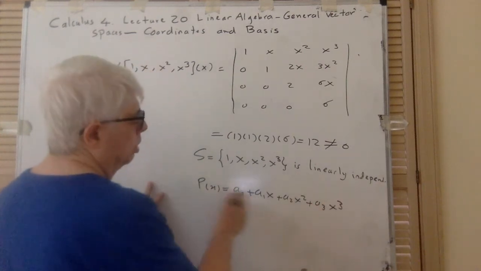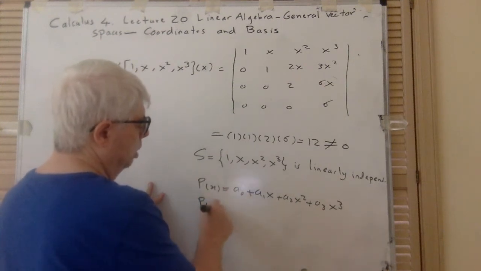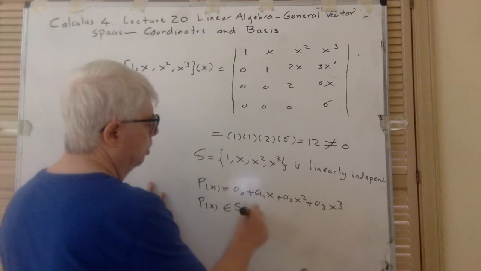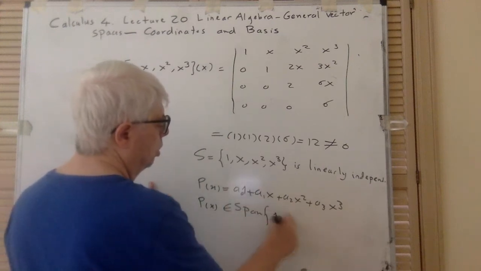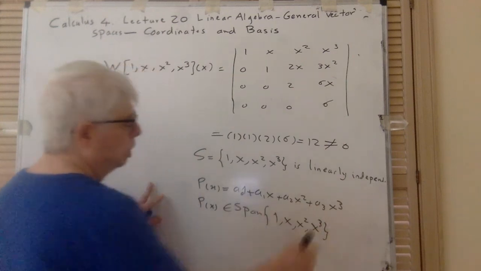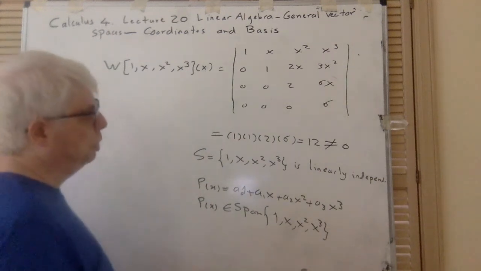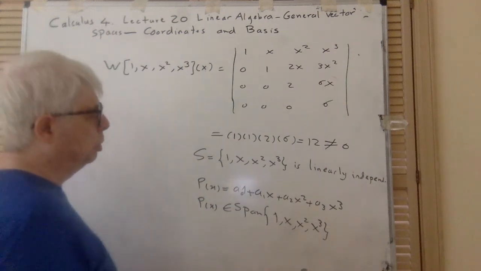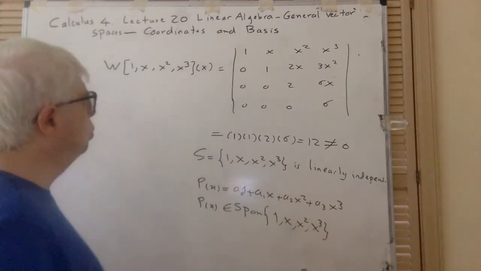So p(x) belongs to the span of 1, x, x squared, and x cubed. It is a linear combination of those vectors. So this set is a basis for P3.